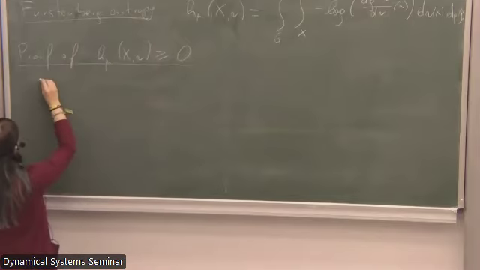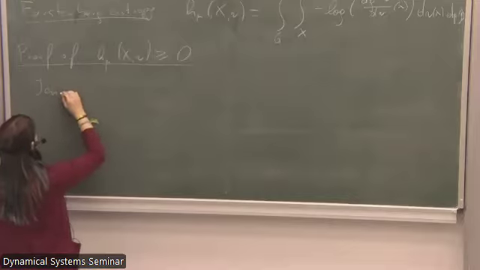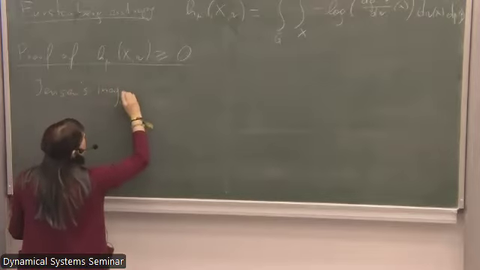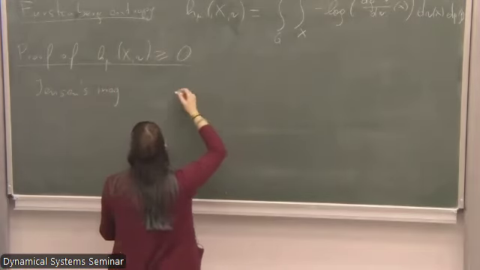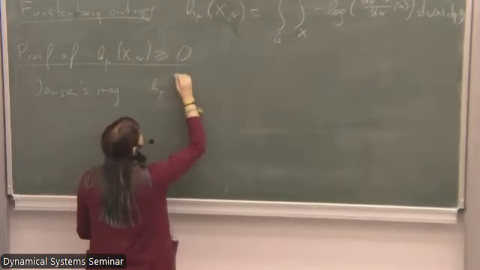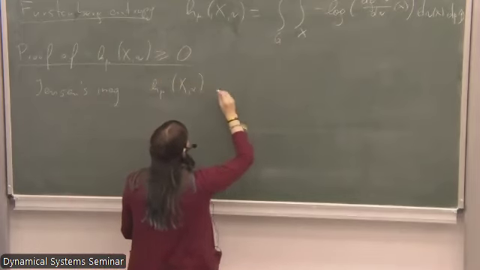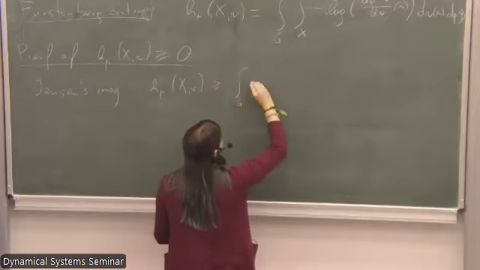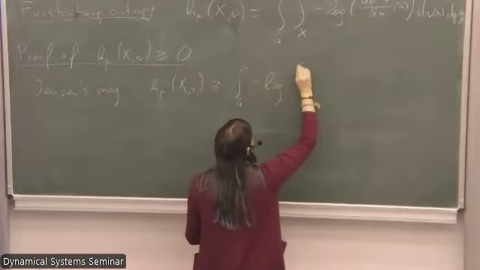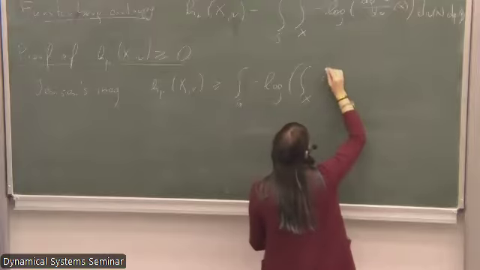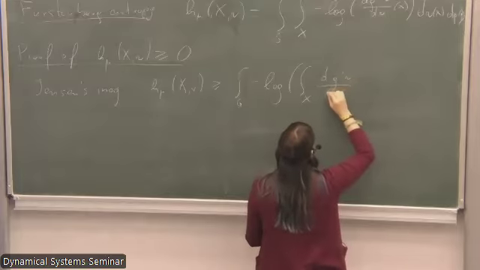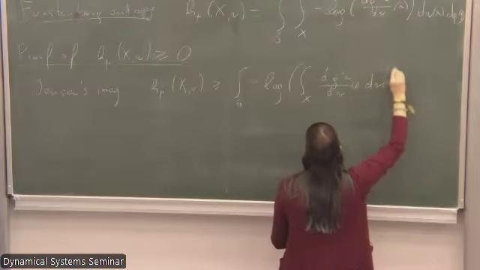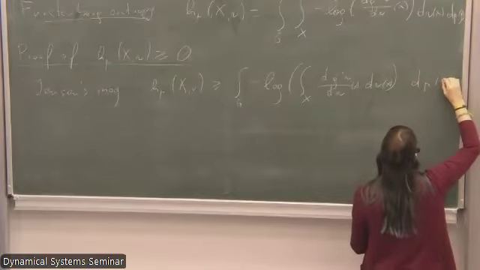So what are we doing? We use Jensen's inequality. Because minus log is a convex function, Jensen's inequality gives me that this will always be greater or equal to minus log of the integral of d g inverse nu over d nu of x, d nu of x, and d mu of g.